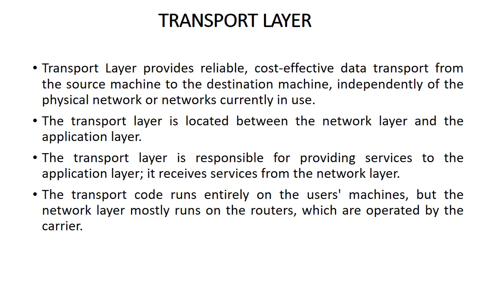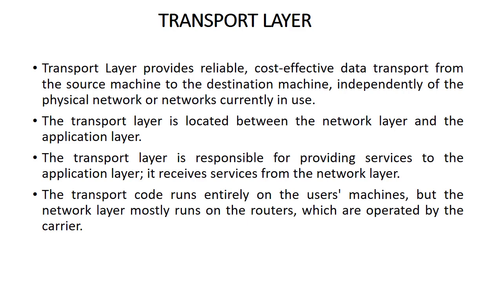The transport layer is located between the network layer and the application layer. Its key responsibility is to accept the service from the network layer and provide the service to the application layer. There are two types of service it offers: either connectionless or connection oriented. We will discuss which protocol comes under connectionless and which under connection oriented service.